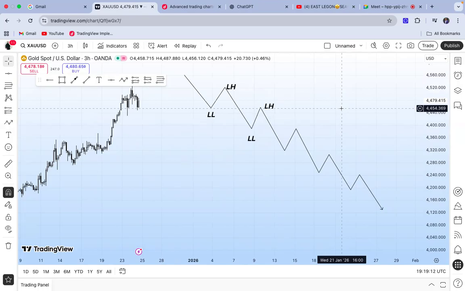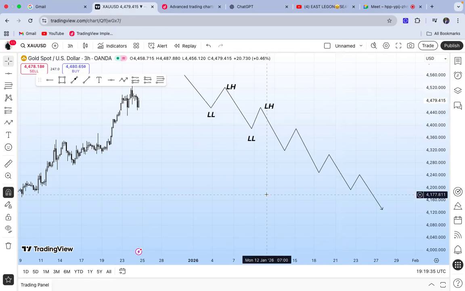So once you are able to identify this in the market, then we say that that particular market is a downtrending market. It is very important we know the lower lows and the lower highs because we are going to use them to do the actual analysis. So it's important we know the difference.